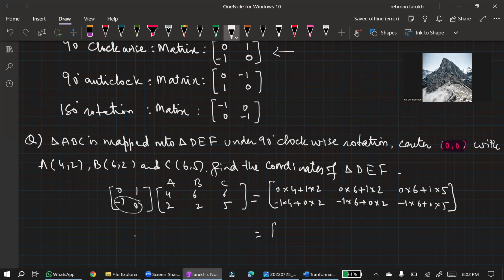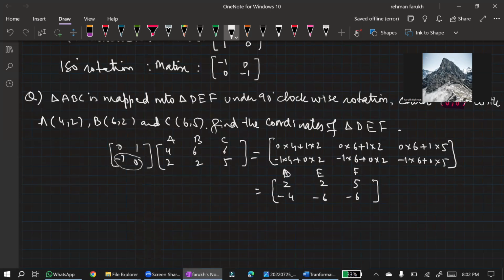The simplified answers are 2, 2, 5 and -4, -6, -6.